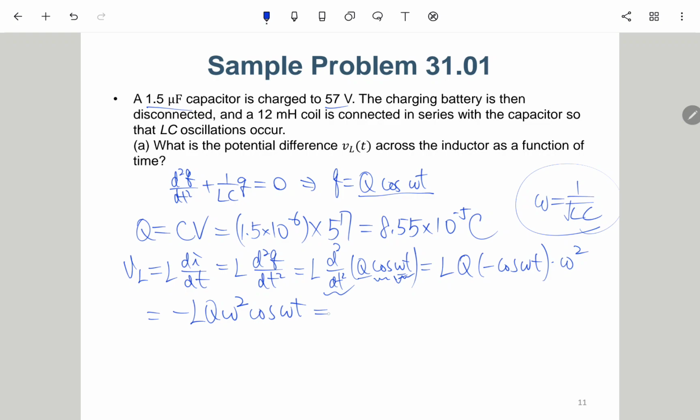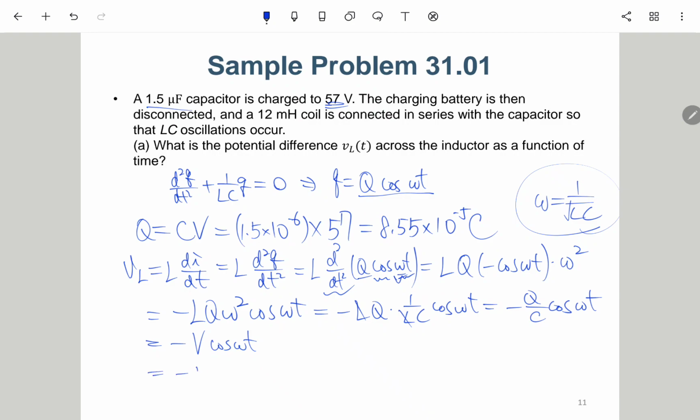So it will be negative LQ times 1 over LC cosine of omega t. L and L cancel, and finally we have negative Q over C cosine of omega t, which is nothing but V. Negative V cosine of omega t.